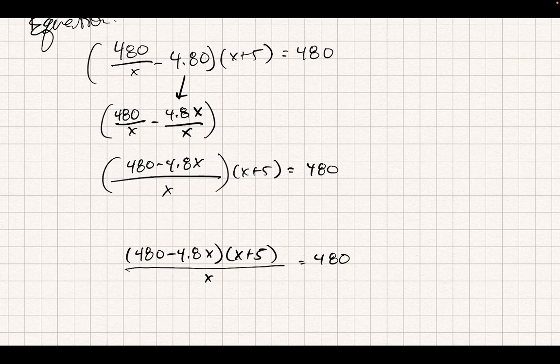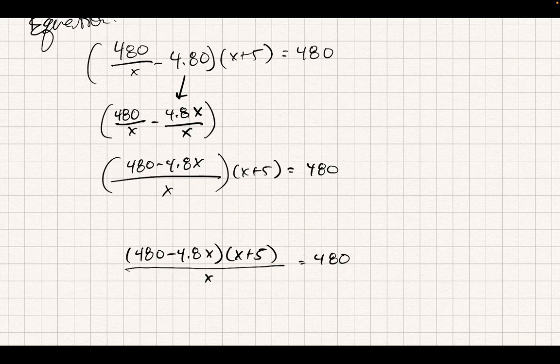Not really. If this seems weird to you, you have some thinking to do. This is perfectly legit, and it'll make it easier when we multiply both sides by x to see that it just cancels.